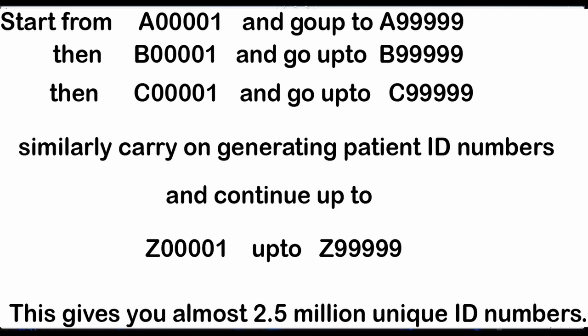When the serial reaches this limit, start again from B0001, B0002, B0003, and so on until you reach B99999. Carry on issuing these unique identification numbers from your reception until you reach Z99999. By this, you create 25 million unique identifications.